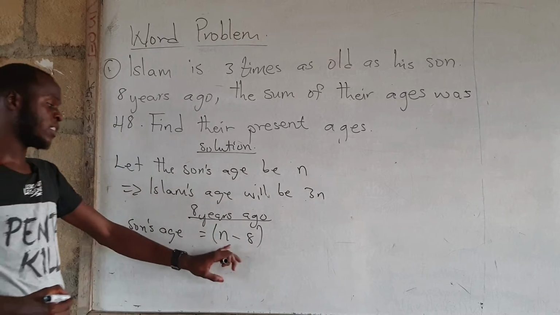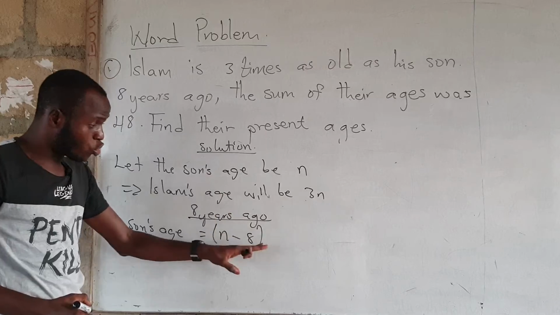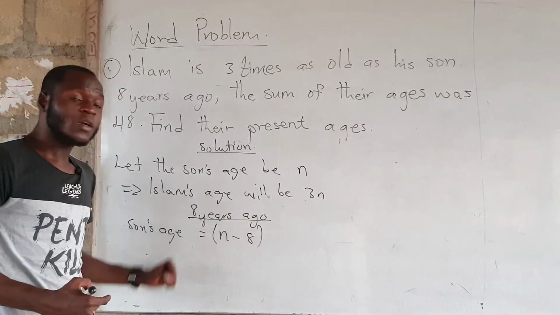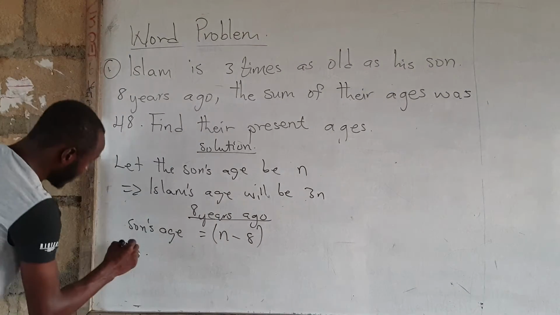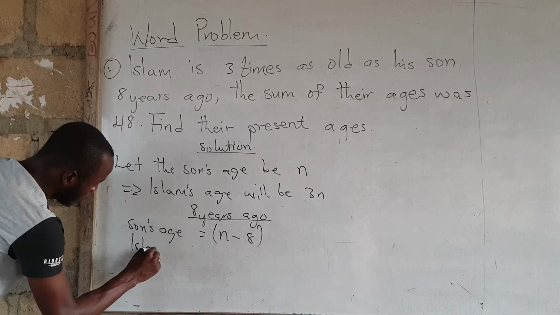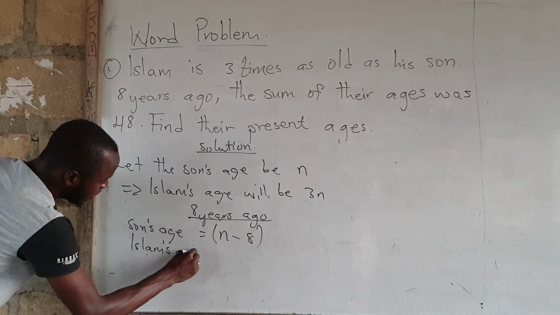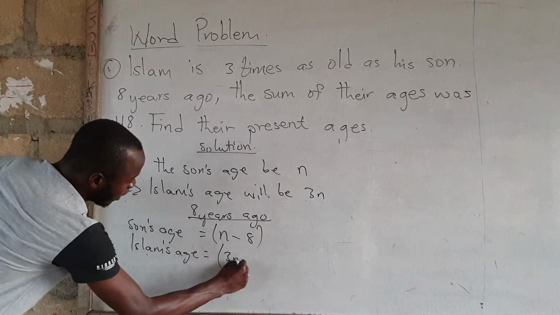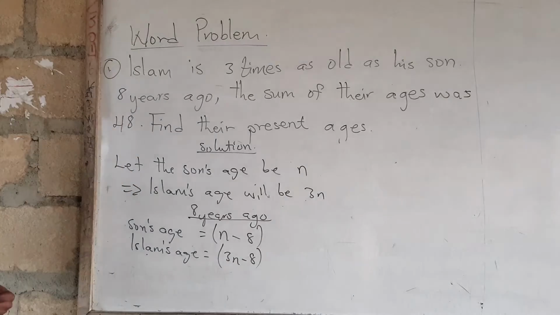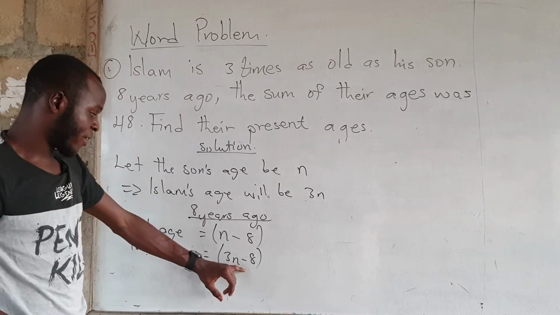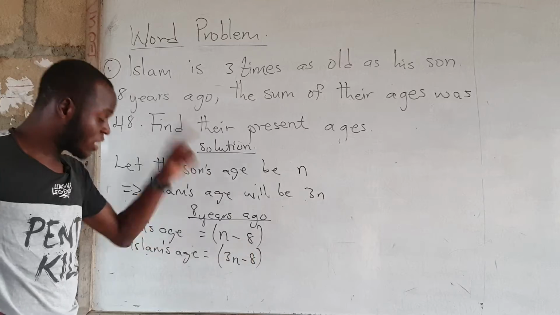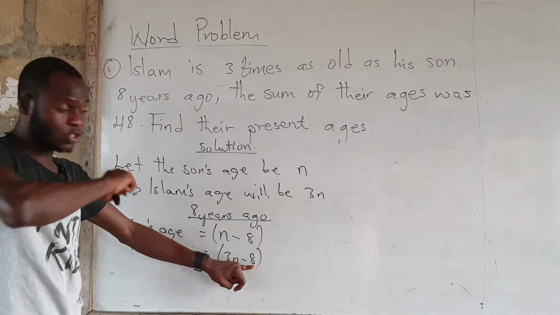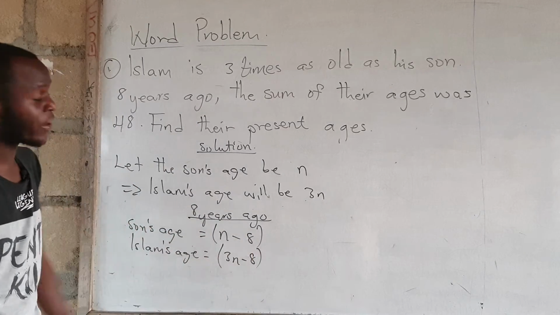So if his present age is n, then 8 years ago you subtract 8 from his current age. Then Islam's age will be 3n minus 8. So if Islam's current age is 3n, then to find his age 8 years ago, you have to subtract 8 from his current age.